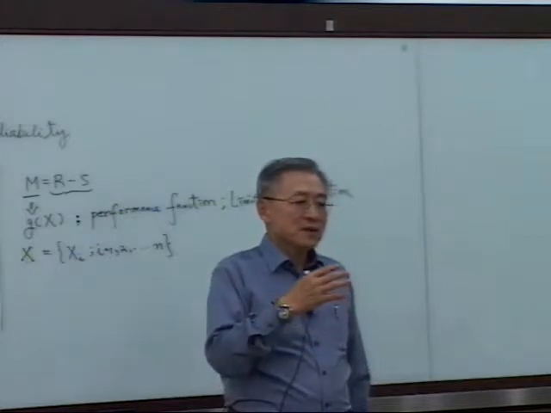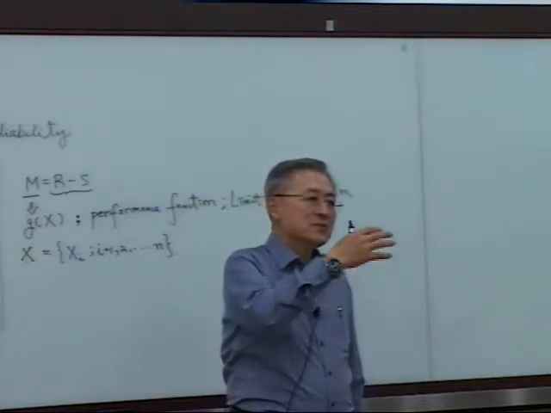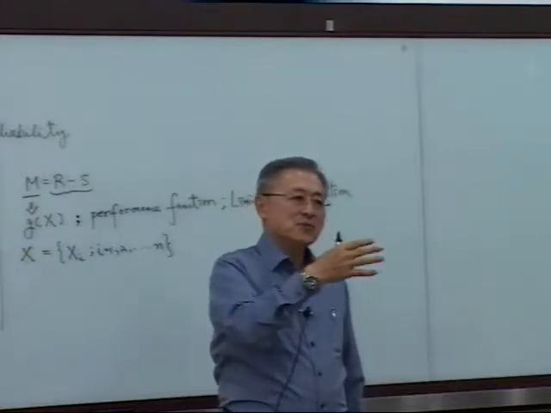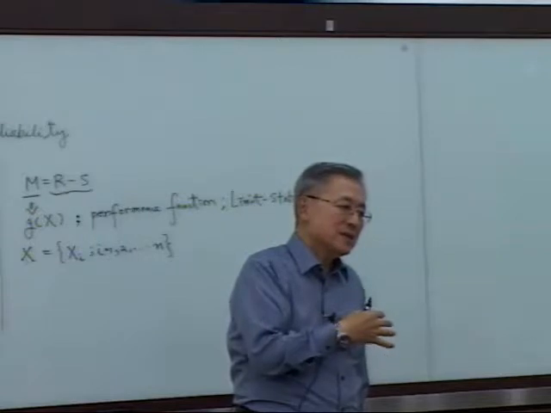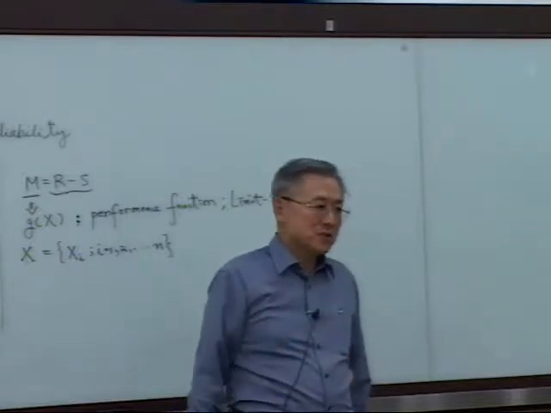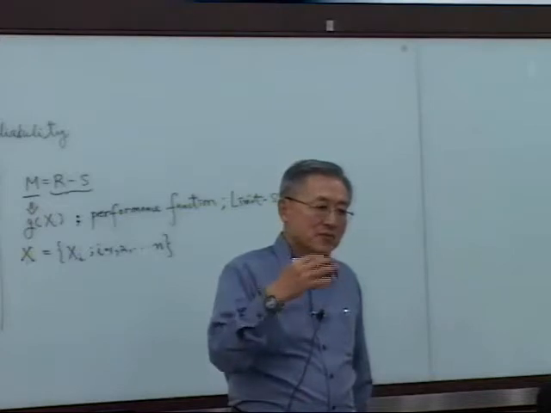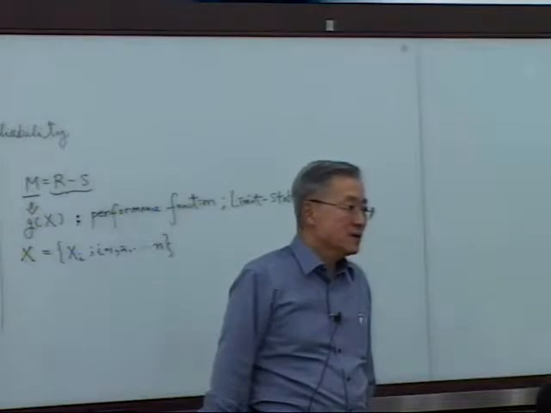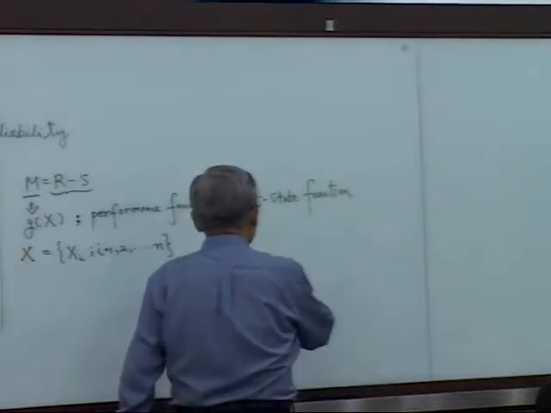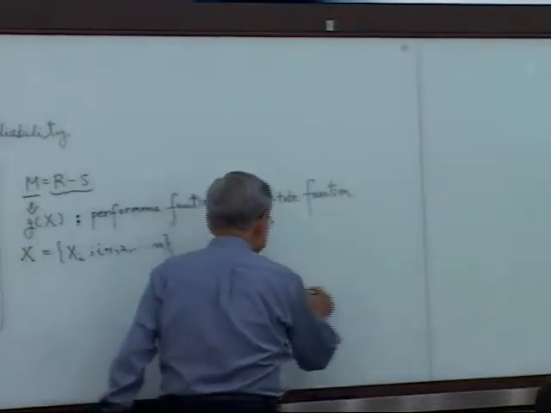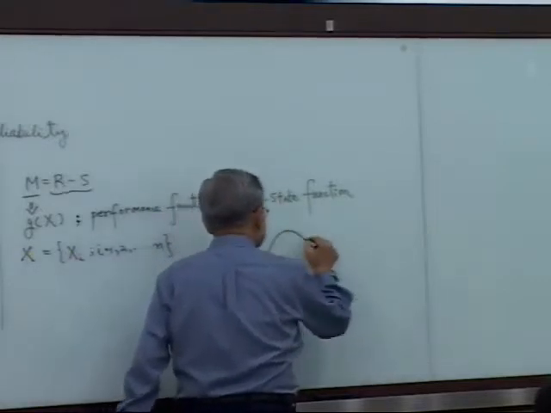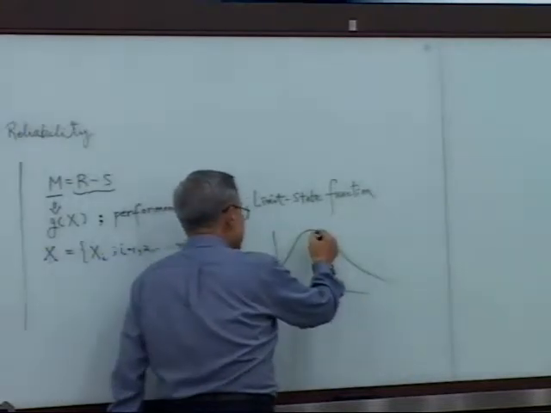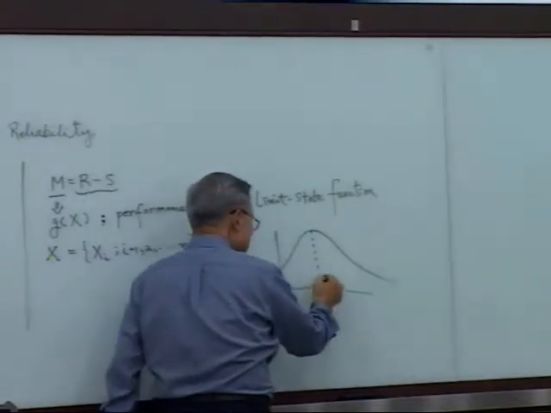And try to get into the path that we exercised already in the two-parameter situation, where we used the so-called reliability index. Did we? We used a reliability index like this, right? And this is a normal distribution.